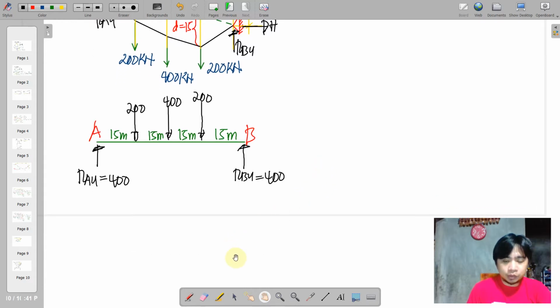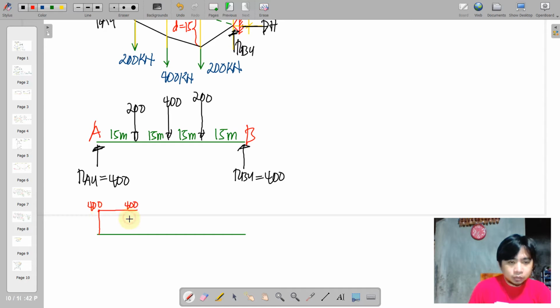And then we establish the shear diagram. We go upwards 400. No loading, so it remains 400 until the 200 will push it down by 200 units, so it will yield to 200 also.